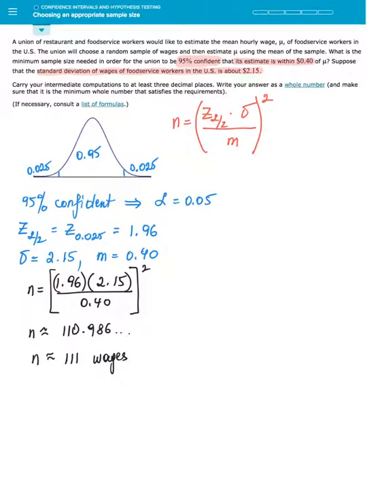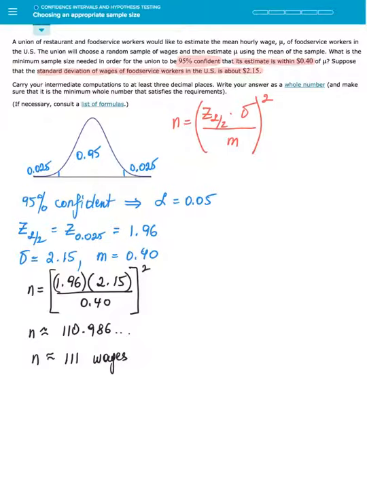Here is our example. A union of restaurant and food service workers would like to estimate the mean hourly wage mu of food service workers in the US. The union will choose a random sample of wages and then estimate mu using the mean of the sample. What is the minimum sample size needed in order for the union to be 95% confident that its estimate is within $0.40 of mu?